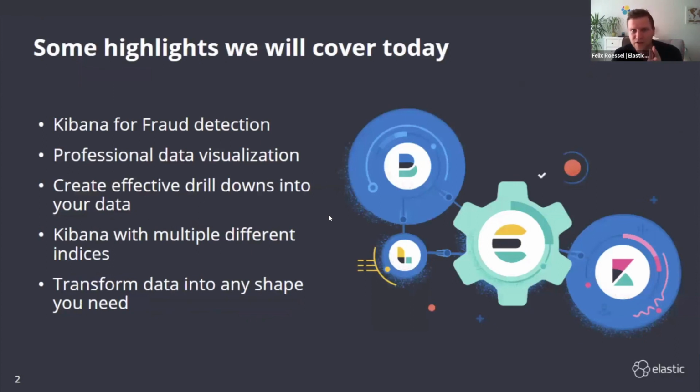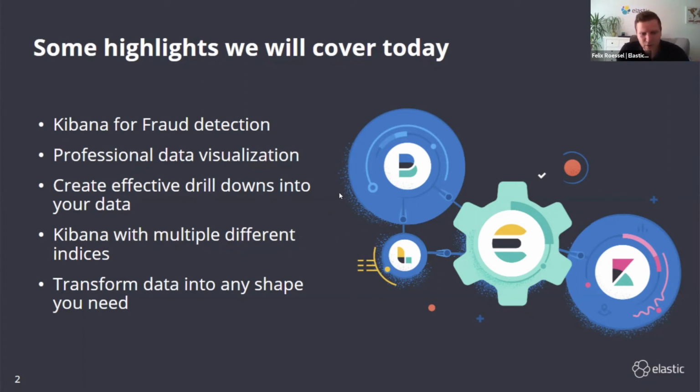Fraud detection is a special case where we try to detect possible fraudsters in big data, on every kind of data, but especially in data which can include fraudsters. We will also see how to visualize data professionally and how to create different drill downs into the data in Kibana, which is pretty helpful to dive from a high-level overview into the real raw details of your data.